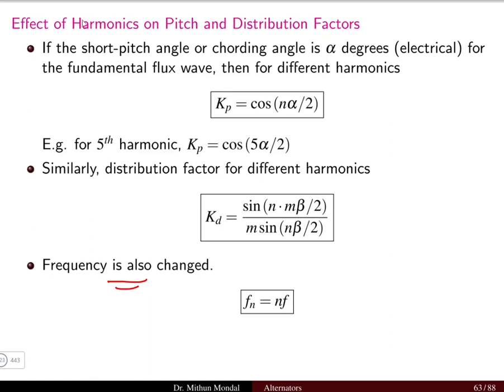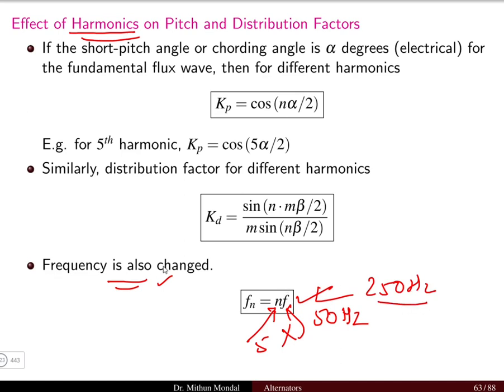When harmonics are present in the EMF, the updated frequency Fn is n times the fundamental frequency. So if the fundamental frequency is 50 Hz and the fifth harmonic is present, the frequency will be 250 Hz.